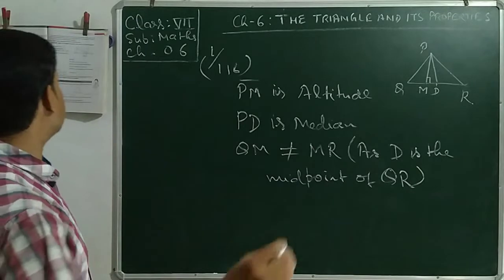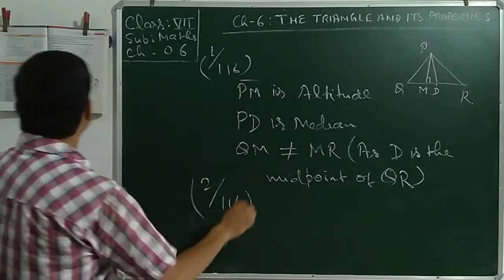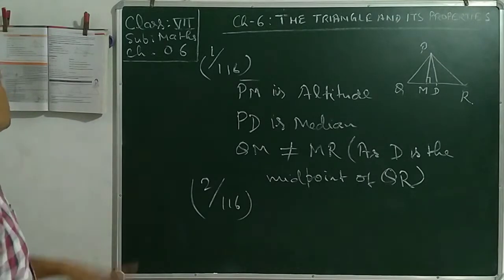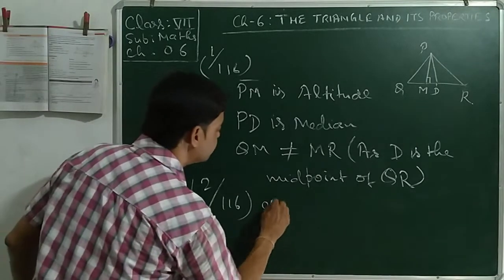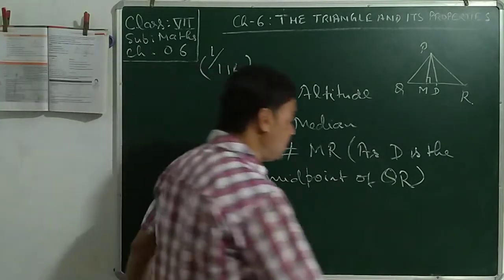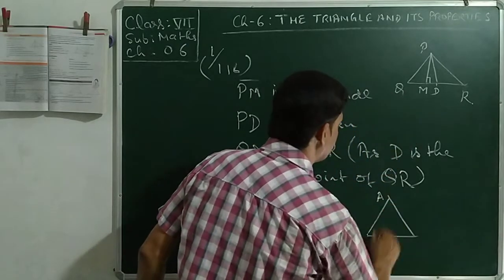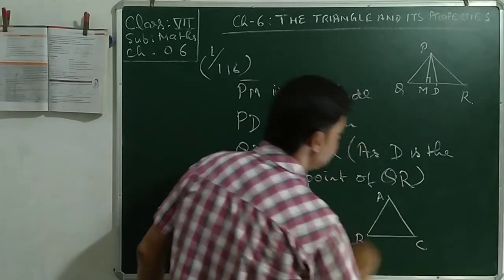Now come to the second sum, 2 number sum. You are asked here, draw rough sketches for the following. Number A. In triangle ABC, BE is a median. Let me draw the triangle ABC. This is triangle ABC.